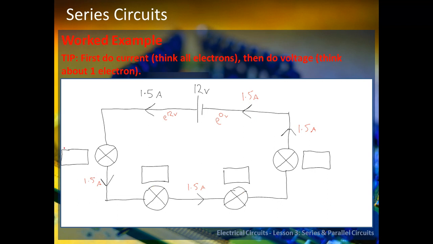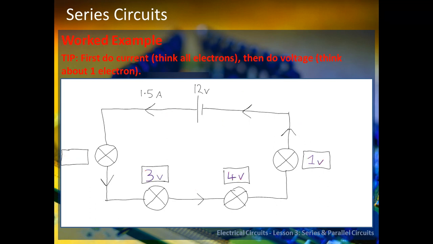So they should receive the same amount of voltage each, 3 volts each. And in doing so, that use of voltage as the electron moves around adds up with 3, 6, 9, 12 volts. So all of its voltage has been used. So by the time it leaves this last bulb, it's got no voltage left, so it can go back to the battery without causing problems.